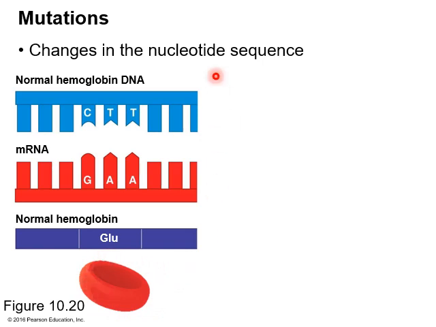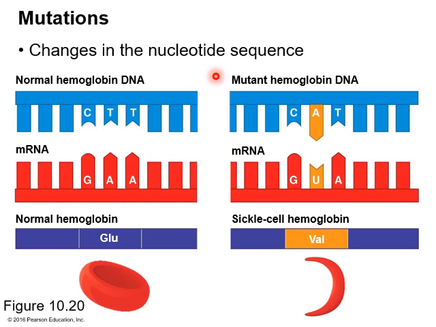But what happened thousands and thousands of years ago is there was a mutation that many people still carry today, where the T mutated into an A. So when we have CAT, now we end up with the messenger RNA letters GUA.